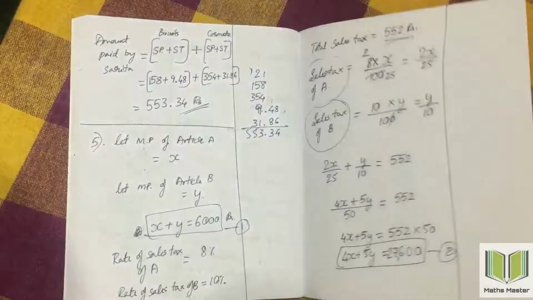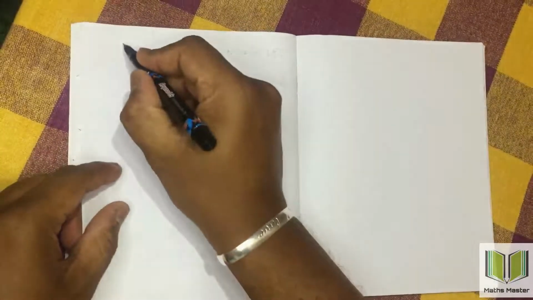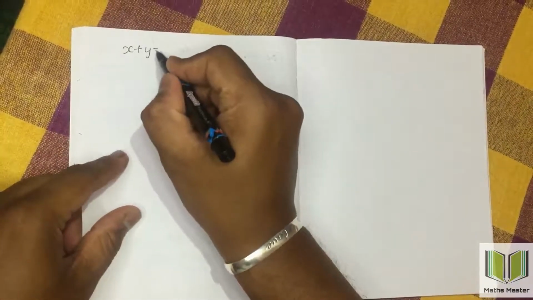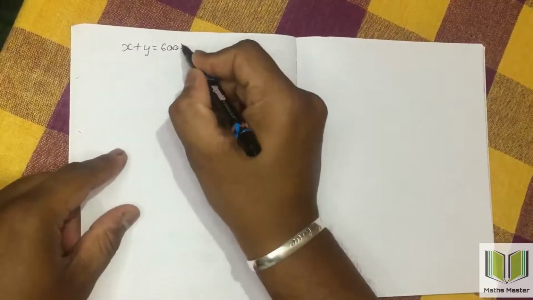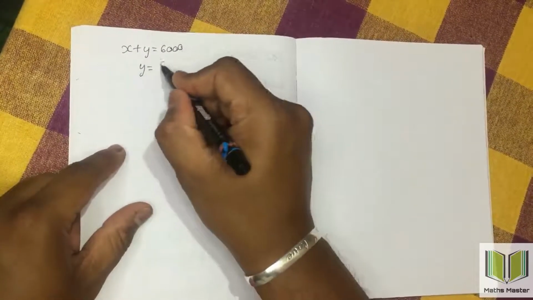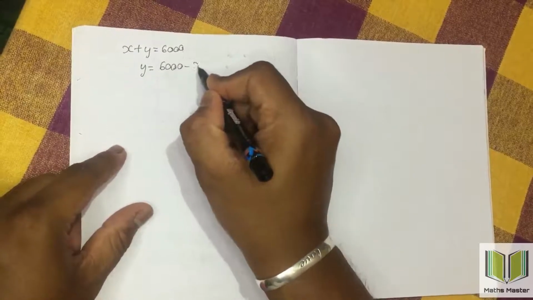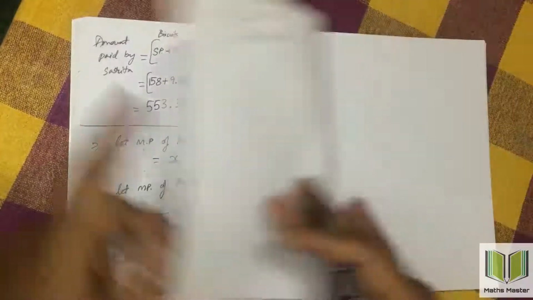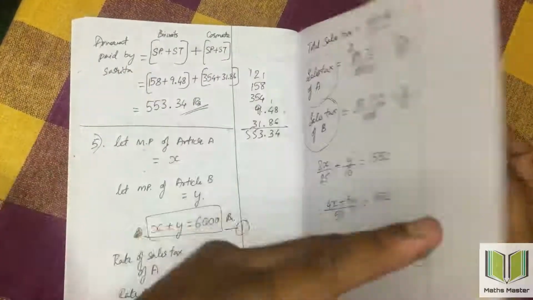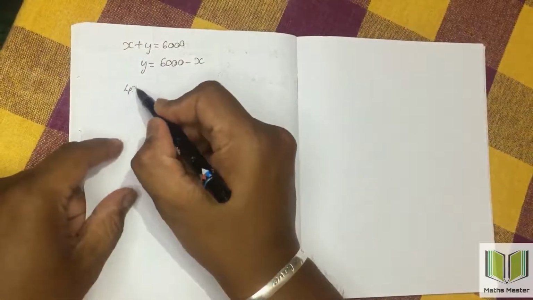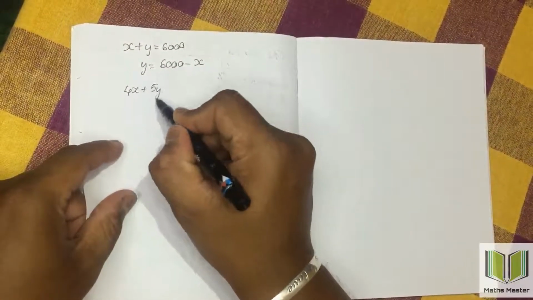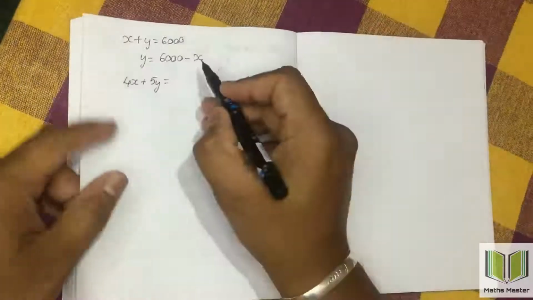Here I'm taking the second method, where x plus y equals 6,000 can be written as y is equal to 6,000 minus x. In this way, I'll substitute this in the second equation, that is 4x plus 5y equals 27,600.